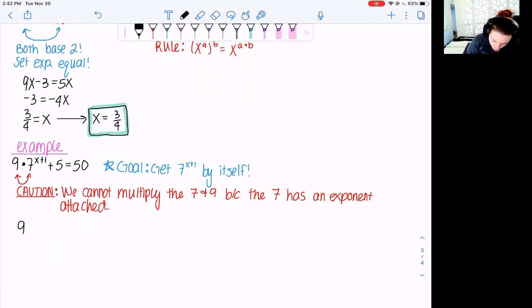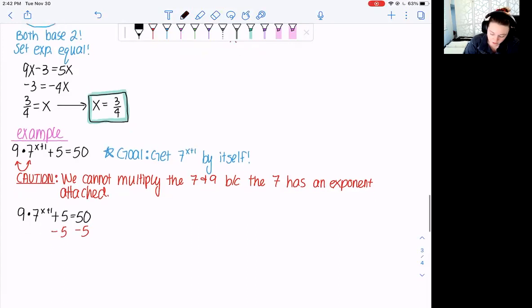So 9 times 7 raised to the x plus 1 plus 5 equals 50. To get that 7 by itself, normally I'm trying to show less and less of the algebra, but with this one I'm going to be a little more explicit with the algebra. Just like you would solve a linear equation, you'll start by moving any constants over using addition or subtraction.